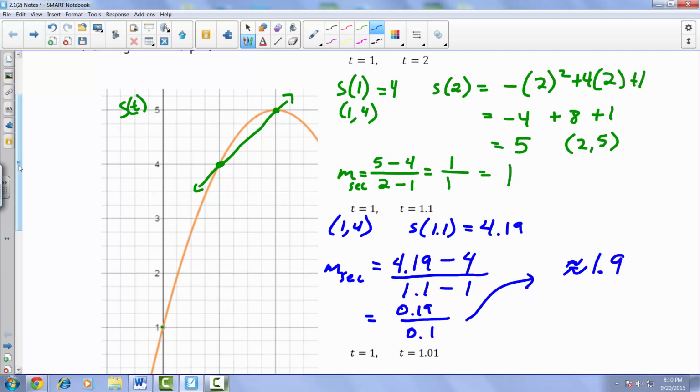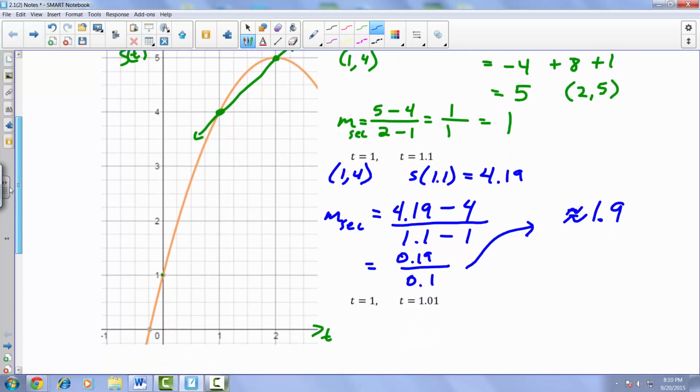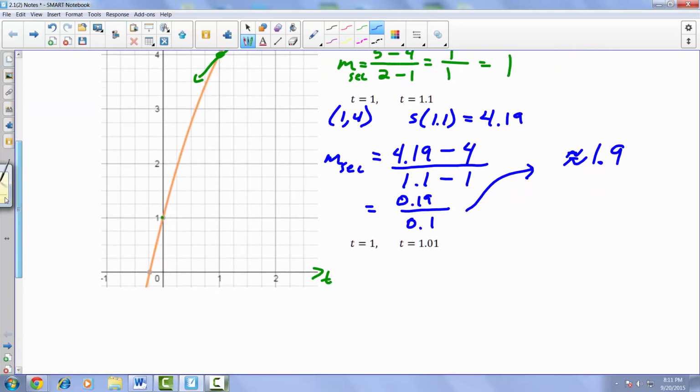Getting even closer to this target t of 1. Again, we know that it is already 1, 4. Getting closer to this target point 1, by using the point 1.01 and throwing that into our position function, we end up with the y value coming out to be 4.019.